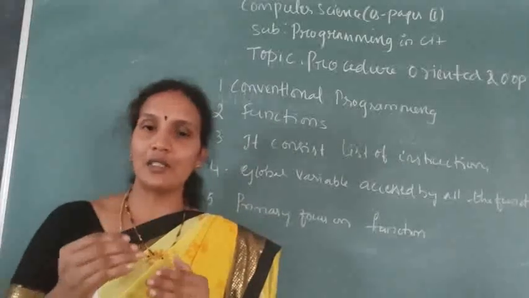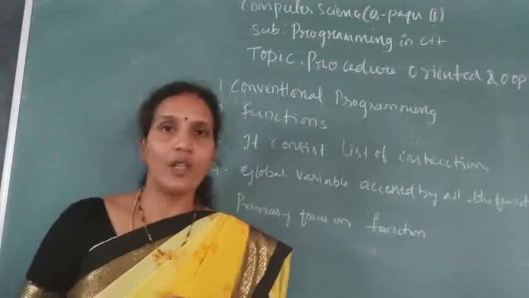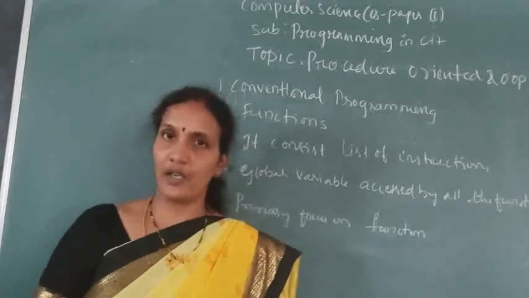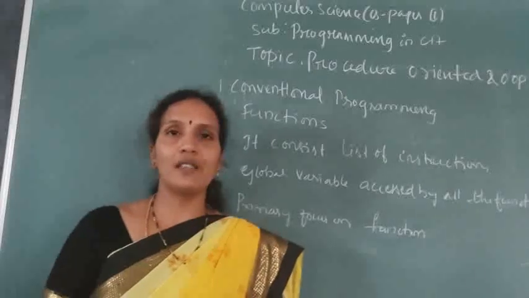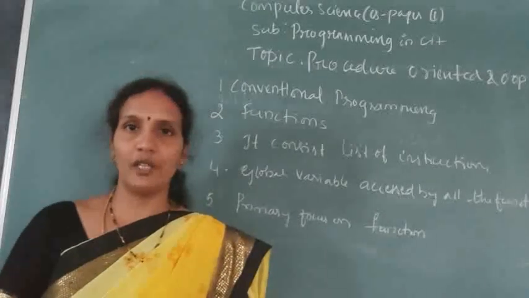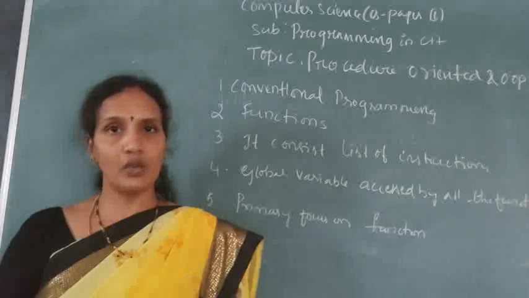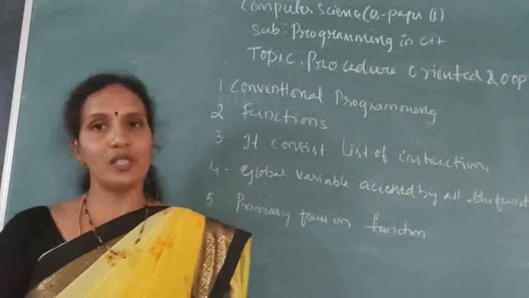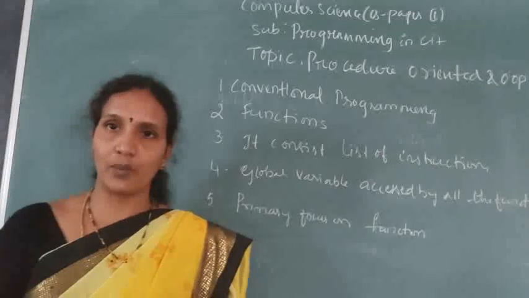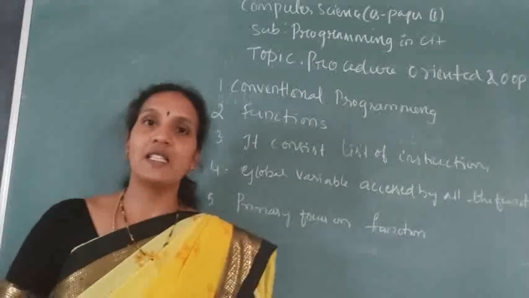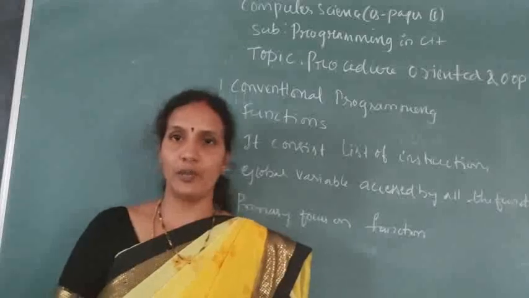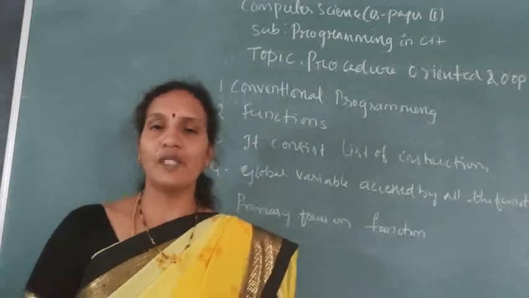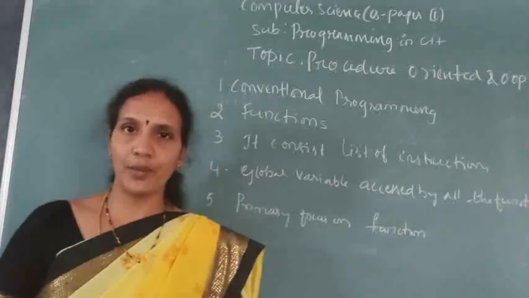In this sequence, in a particular order, the program is executed. That does not happen in C++. Whichever function you call, only that function will be executed in C++, because C++ is object-oriented programming, whereas C is procedure-oriented programming.